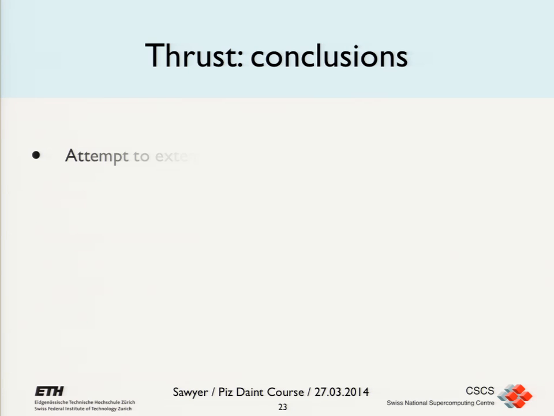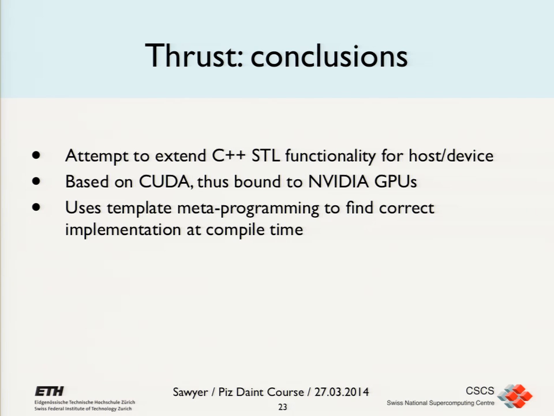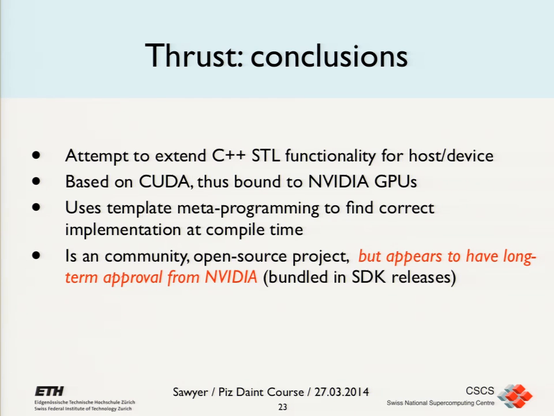Okay, so Thrust, incidentally, was developed by Nvidia. It's a public domain library. It's based on CUDA, so that you're bound to Nvidia, well, this isn't strictly speaking true. Now, there are implementations which are not bound to Nvidia. It is an open library. It was an open source project driven by Nvidia.